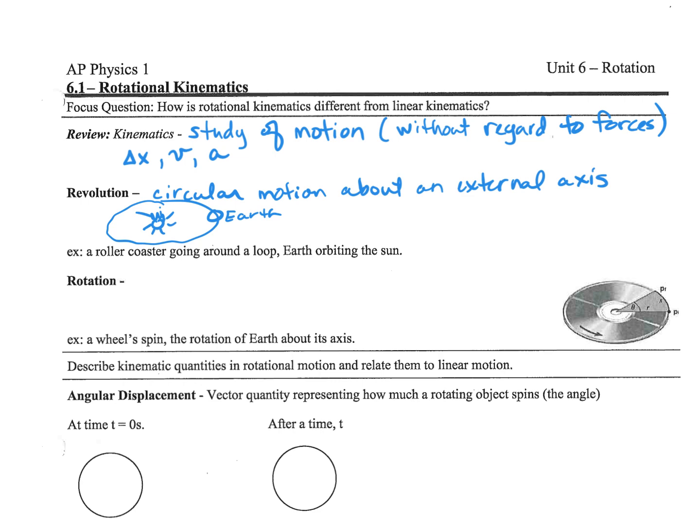If you want to think about it, if you were rotating something on the end of a string around your head, that would be revolving, not rotating, okay? Rotation, however, is circular motion about an internal axis, yes.